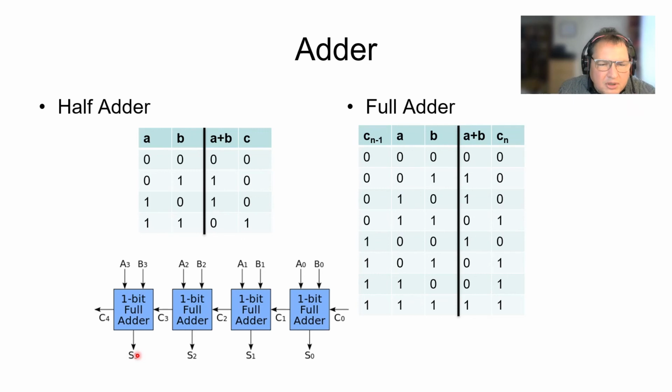All these adders will be connected through the carries, so the carryover generated from bit 0 will be transmitted as the input for the full adder for bit number 1, and so on. You can create sequences of the length that you need in any case. So this is a 4-bit adder, but you can easily imagine 8-bit, 16-bit, 64-bit adders. This is how addition is built in modern computers.